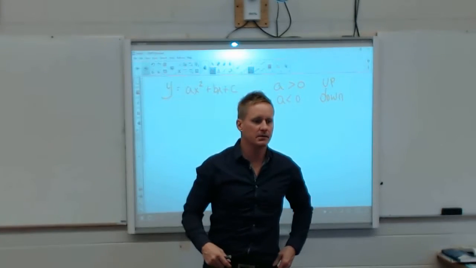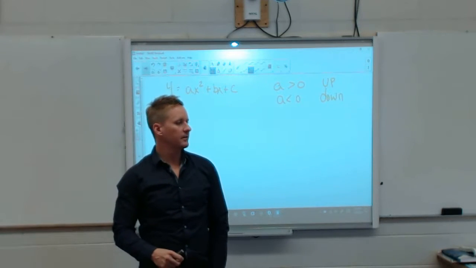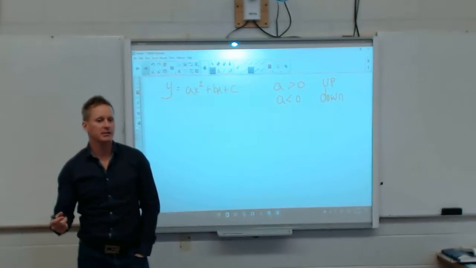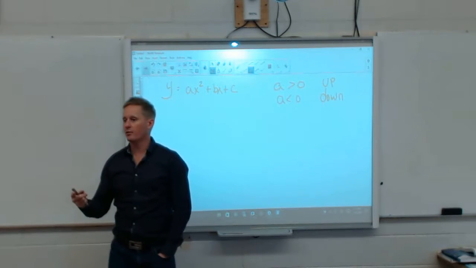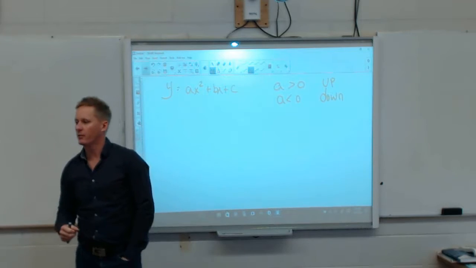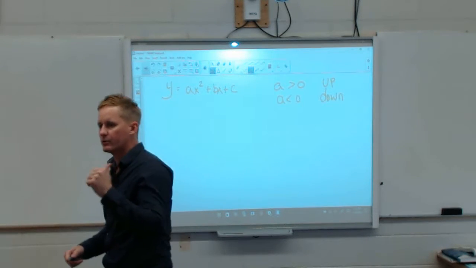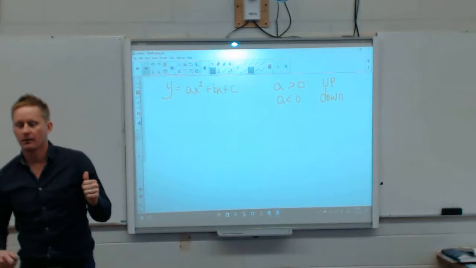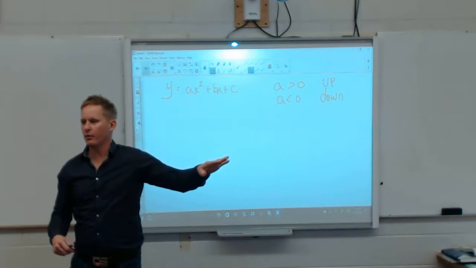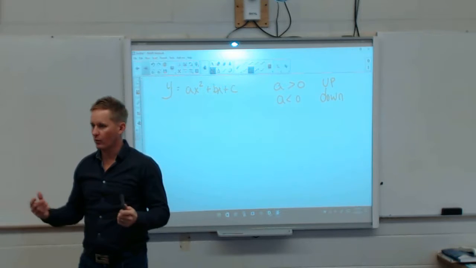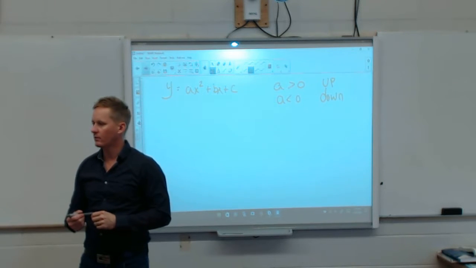It moved our vertex, either left or right or up or down, depending on what the b value was. But in this actual form, we don't worry about it. All we need to be able to do is graph it, and then see where it moves from that original vertex, which is 0, 0.